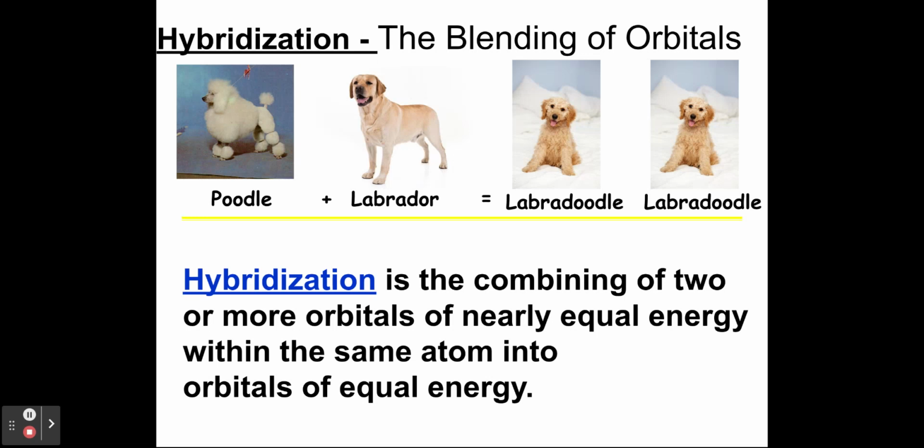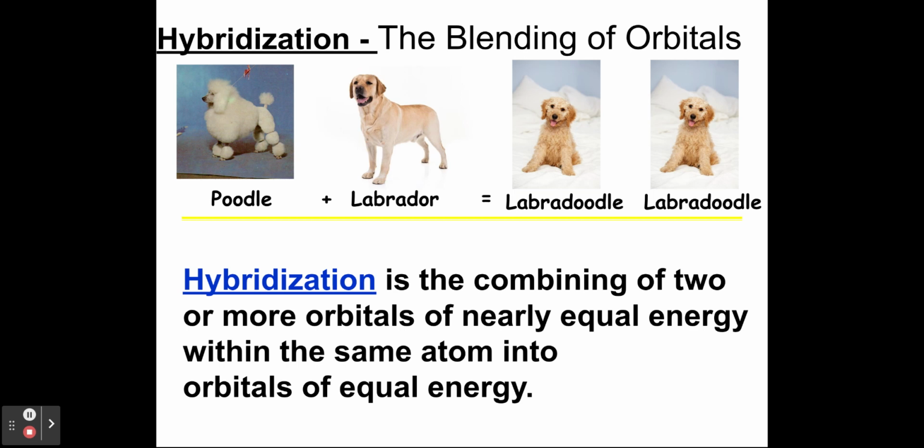My name is Mr. Cobalt, and in this video, I'm going to go over hybridization of orbitals and how that relates to the shape of molecules. The way you want to think about hybridization is as a blending of the orbitals.